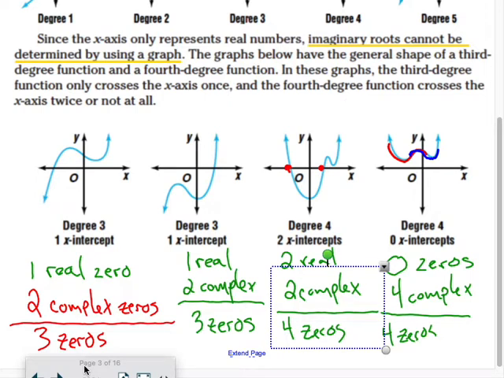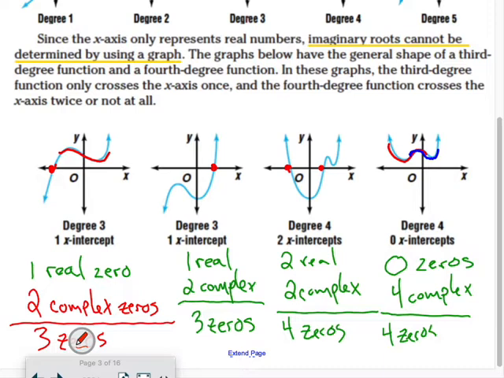So the first 2 graphs here are degree 3s, which means they have to have 3 zeros. They must, no matter what, have 1 real zero because it's an odd degree polynomial. And you can see it, they cross the x-axis here and here, right? So they both have 1 real zero, but because that's the only x-intercept, that means there are going to be 2 complex zeros, and you can kind of count 1 turn, 2 turns, complex zeros exist somewhere.